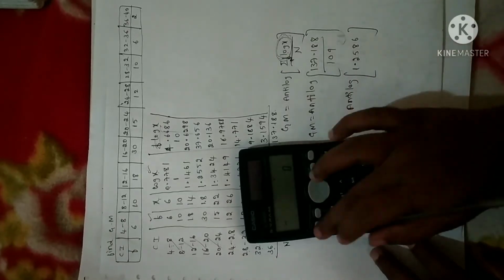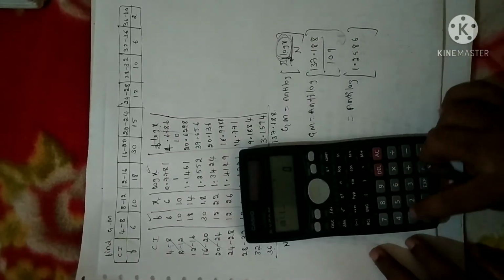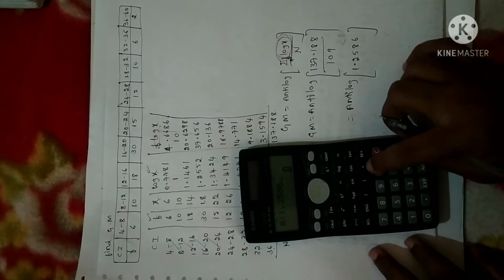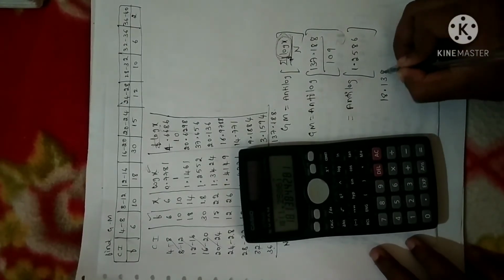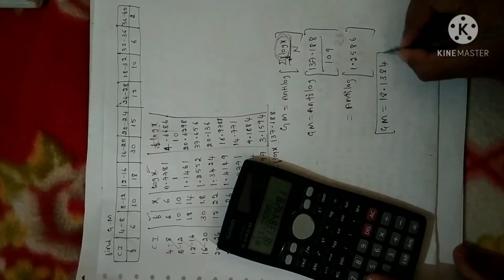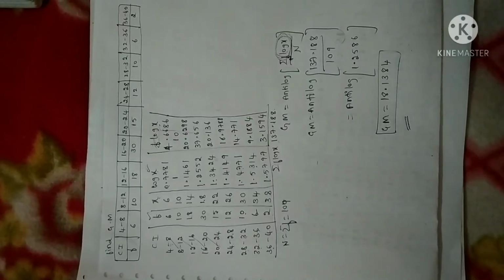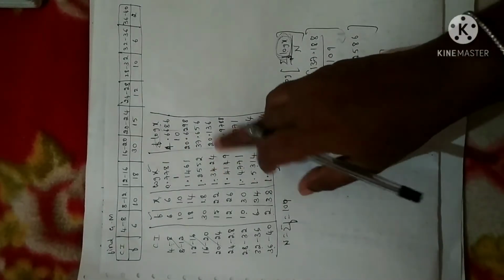So now let me find shift log, that is anti-log of 1.2586. So the required geometric mean is 18.1384.